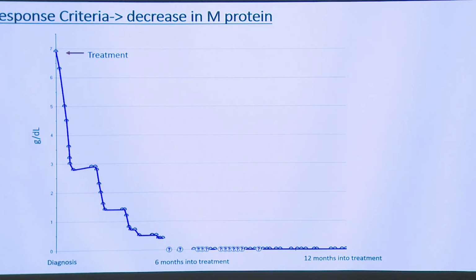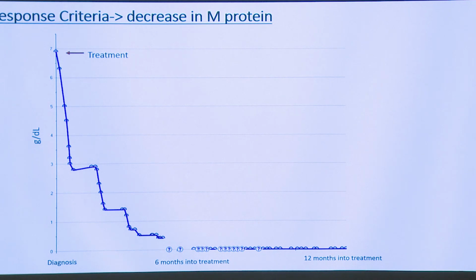And the markers like the M protein or the IgG, IgA, and kappa or lambda light chains are a reflection of the tumor burden. So one criterion of a remission is essentially that the M protein should go down to 0. And that ideally happens within the first 6 to 12 months of treatment.